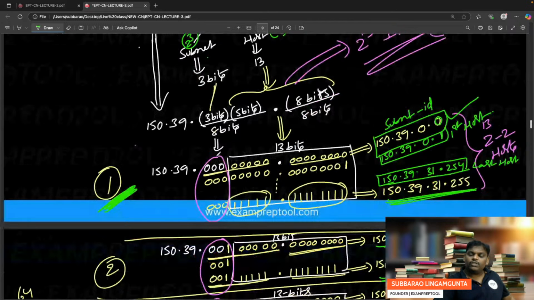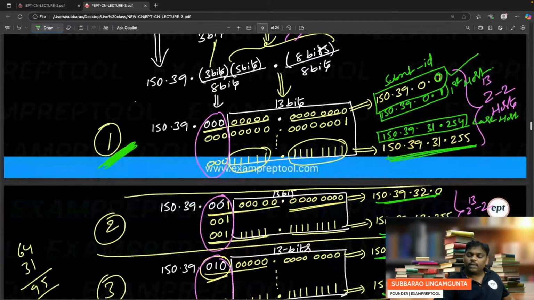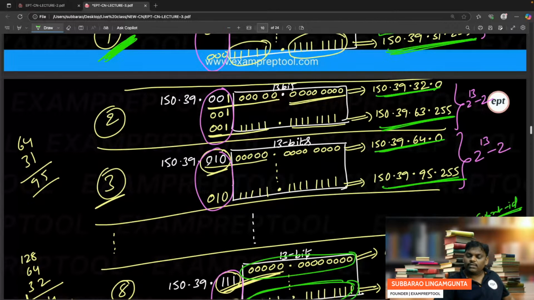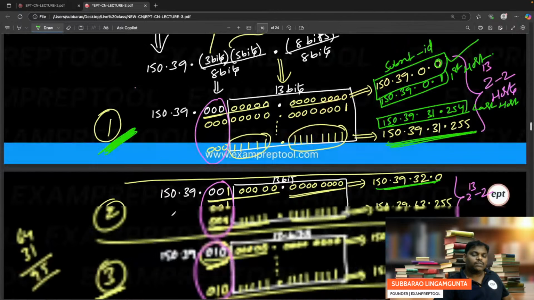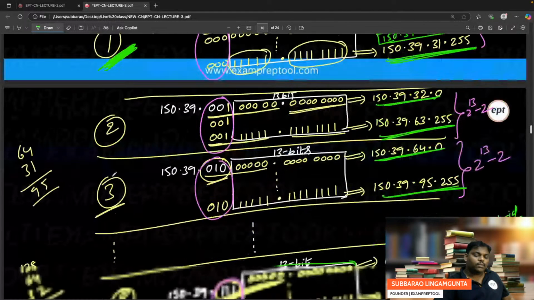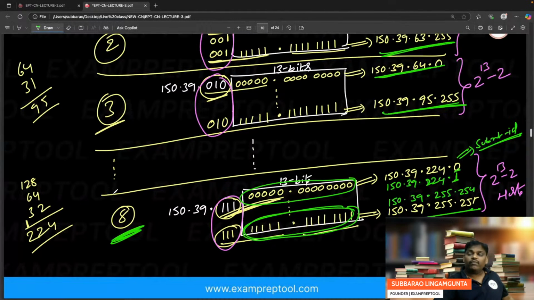So subnet 0, 2 power 13 IPs. Subnet 1, 2 power 13 IPs. Subnet 2, 2 power 13 IPs, and so on. Subnet 7, 2 power 13 IPs. But if you see the physical number, when they say subnet 8, go here.